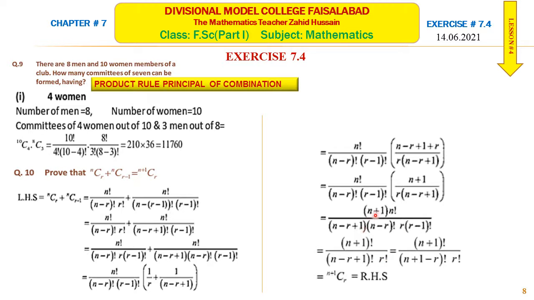So (n plus 1) factorial in the numerator, (n minus r plus 1) factorial multiplied by r factorial, and we can write this as (n plus 1) factorial over (n plus 1 minus r) factorial and r factorial, and this is equal to (n plus 1)Cr, (n plus 1) factorial, difference of these two, (n plus 1 minus r) factorial and r factorial. So this is equal to (n plus 1)Cr, and this is your right hand side.